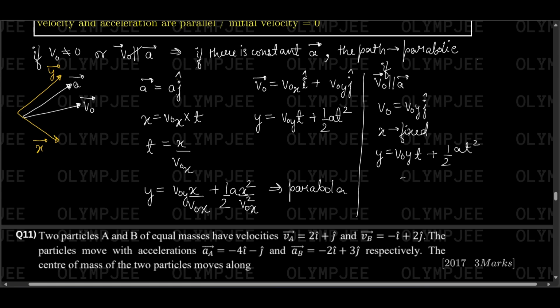So this means that the path will be a straight line because motion will only be along the y-axis. Also, if v0 is equal to 0, then also the motion will be in a straight line. You can easily prove all this.